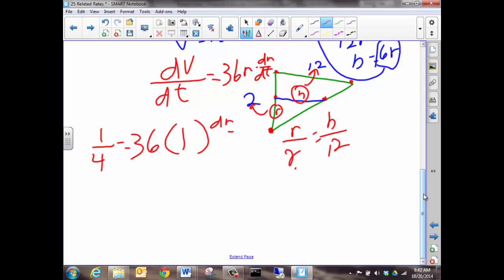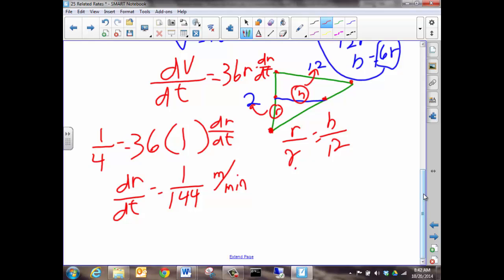So we're looking for dr over dt. We need dr dt by itself, so we're going to do what? Divide by 36, which will get us that dr over dt equals 1 over 144 meters per minute. So it's going to rise at 144th of a meter every minute.